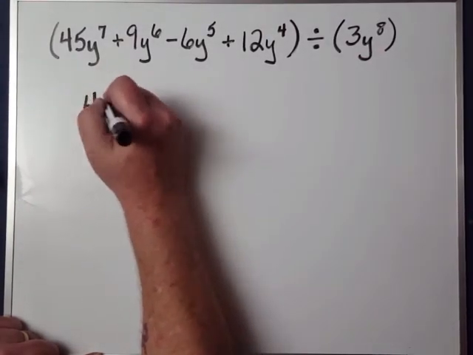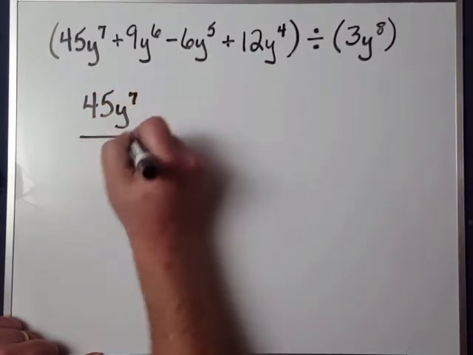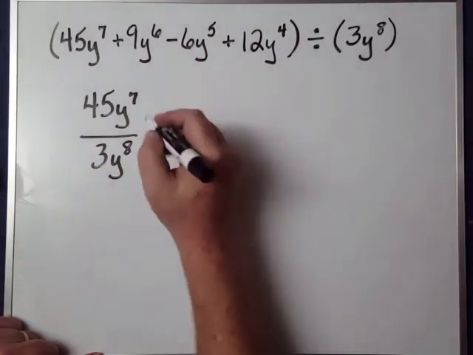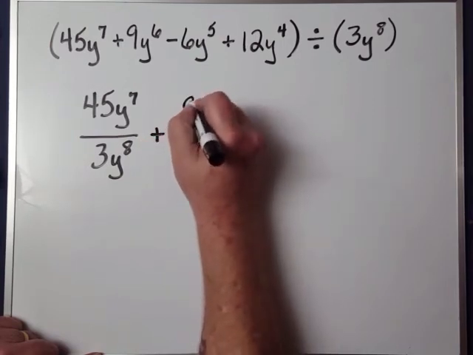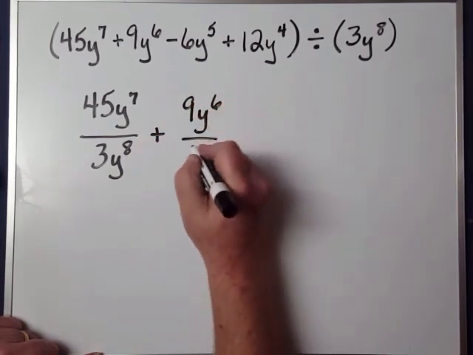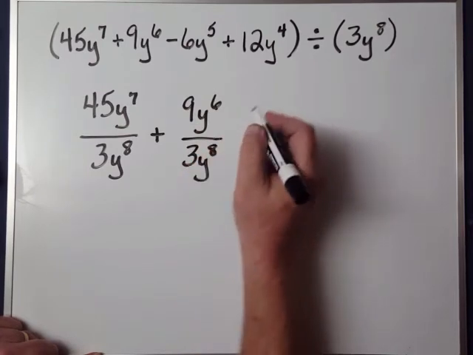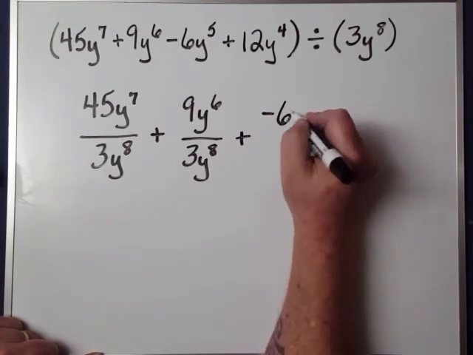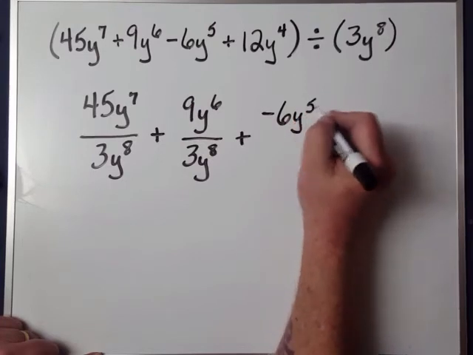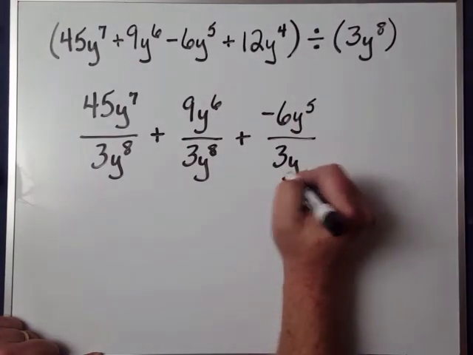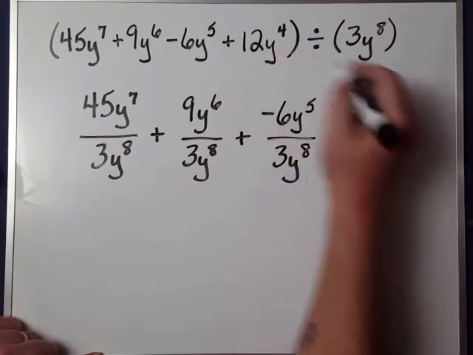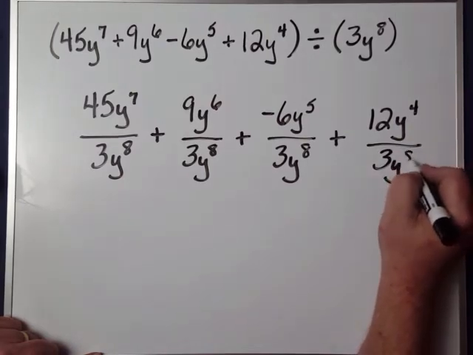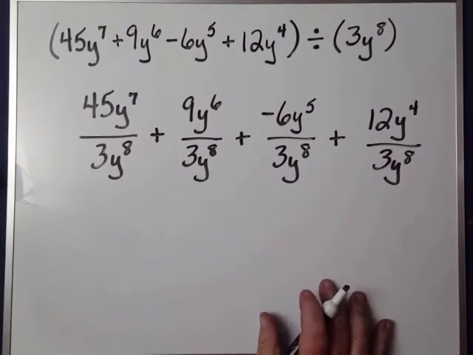So we will have this first term for my dividend over my common monomial divisor, and plus second term over this common divisor, plus, I like keeping negatives with their original terms in these problems, so let me put that minus 6y to the 5th over 3y to the 8th, and plus my fourth term over this same divisor. Just like we've done all the other problems.